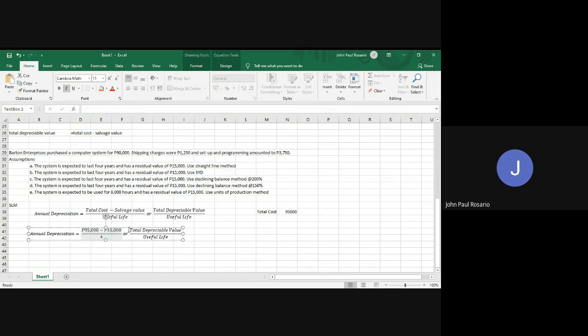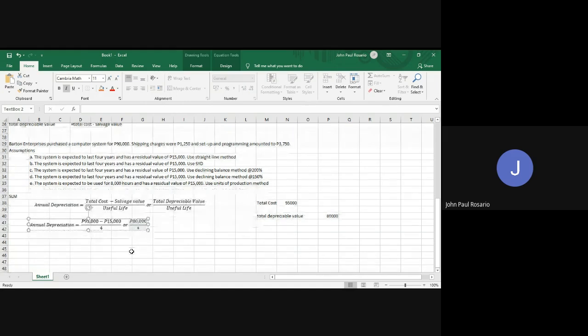Okay, or we can simply compute for our total depreciable value, which is equal to the total cost of 95,000 less our salvage value of 15,000, which gives us 80,000. And the useful life is 4 years.